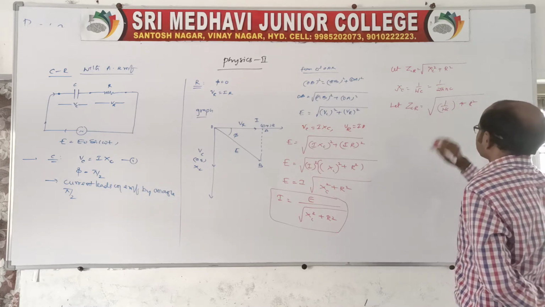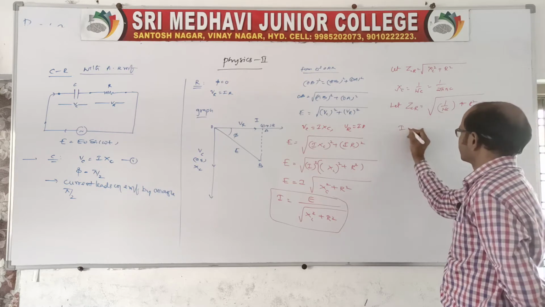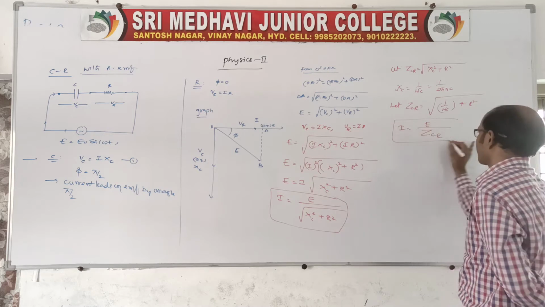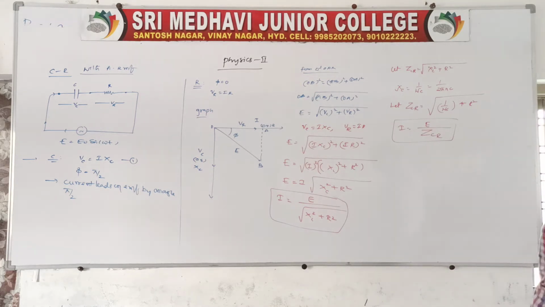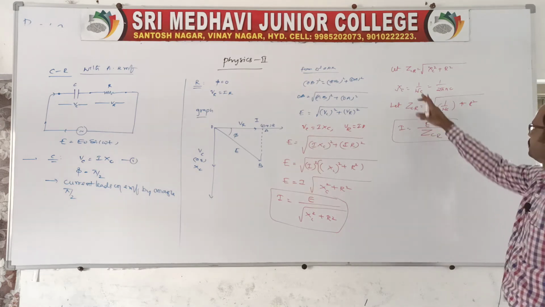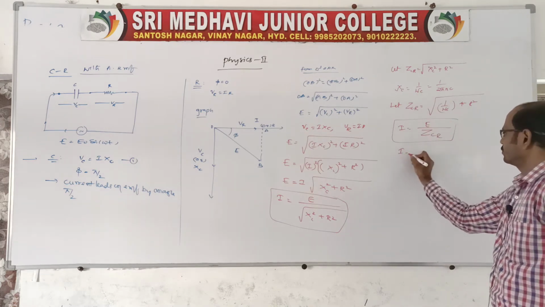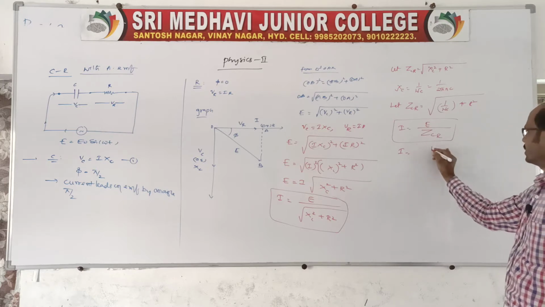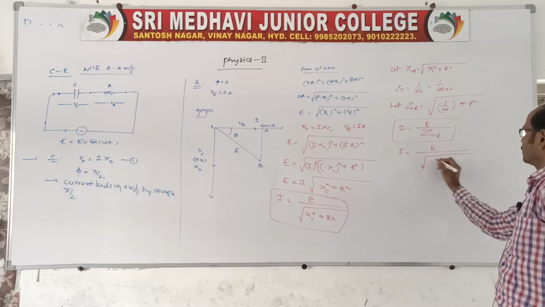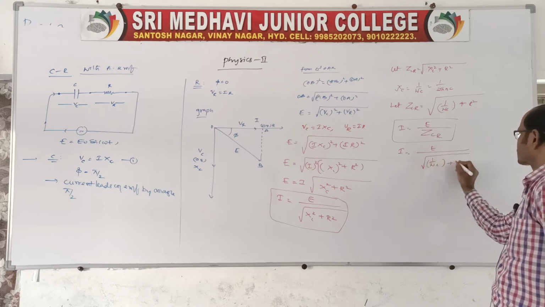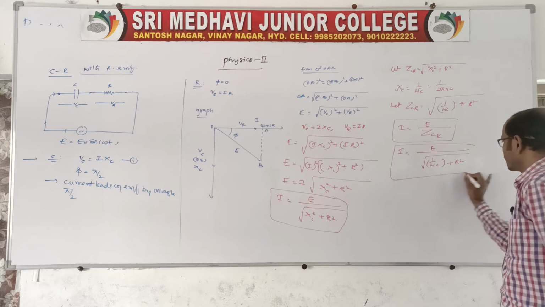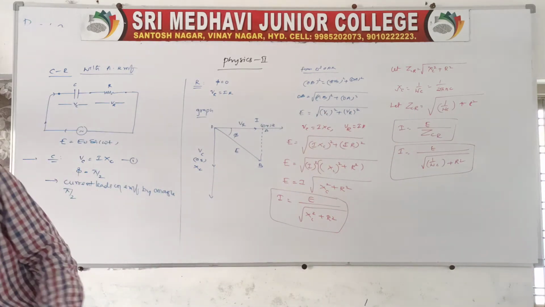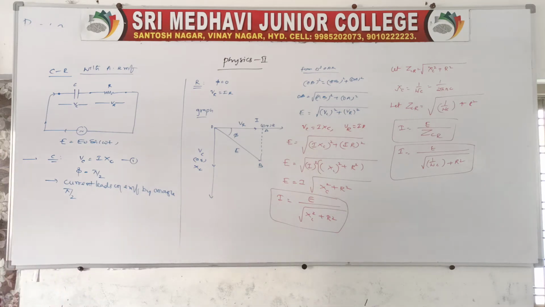Then I is equal to E by ZCR. Or you can say the current through the CR circuit is I equal to E by root over (1 by omega C) whole square plus R square. Clear? This is the current through the given circuit.